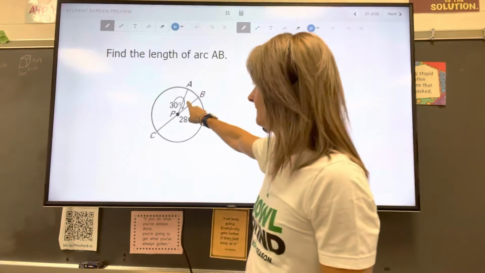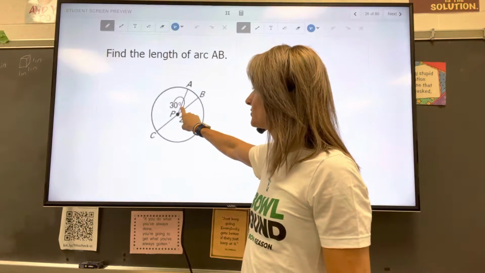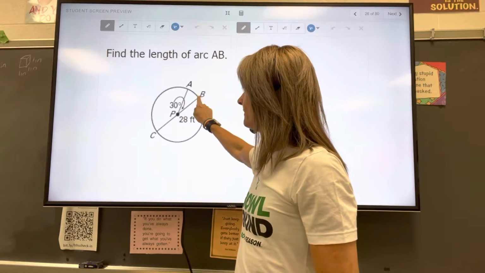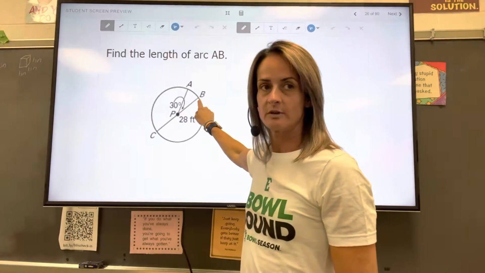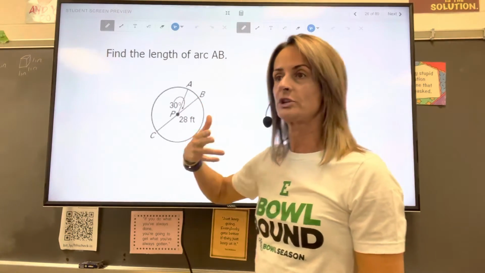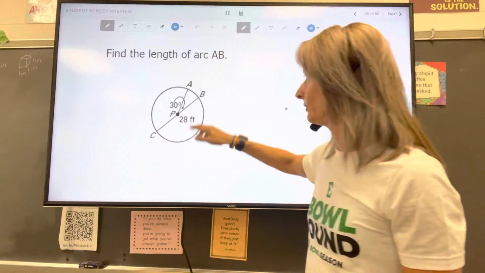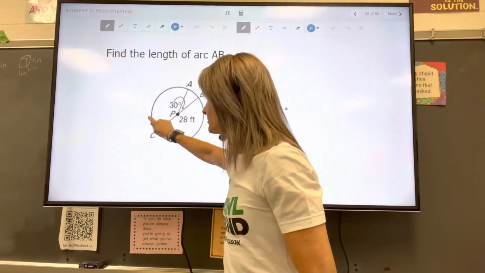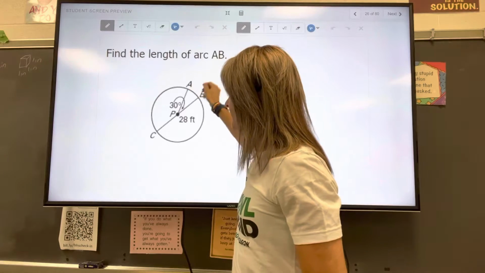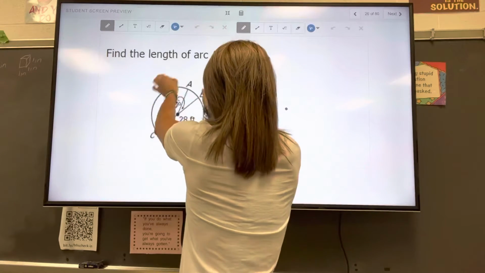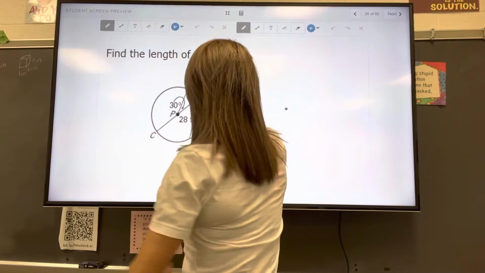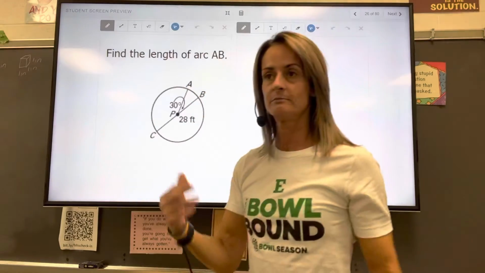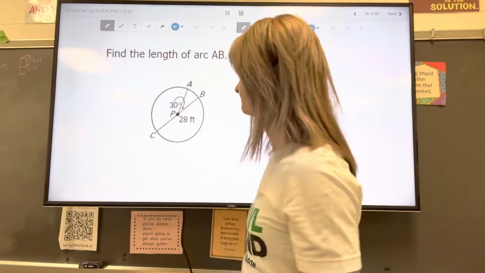So we would say if the measure of this central angle is 30 degrees, the measure of this arc is also 30 degrees. Now we're just going to represent this arc as a length, which is part of the circumference. So if I can measure the circumference with a piece of string, it's an actual length. It's going to be a number like 7 inches or something like that.